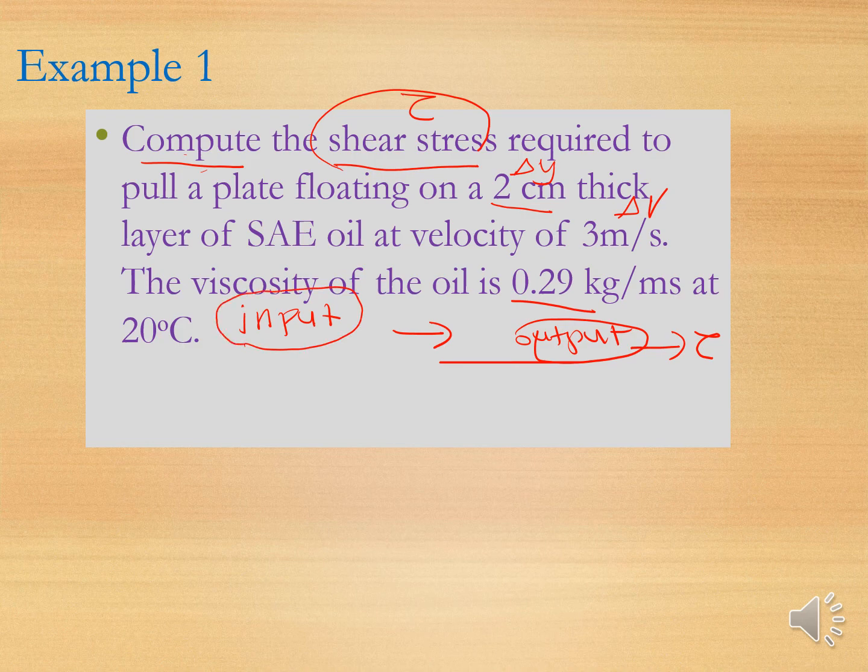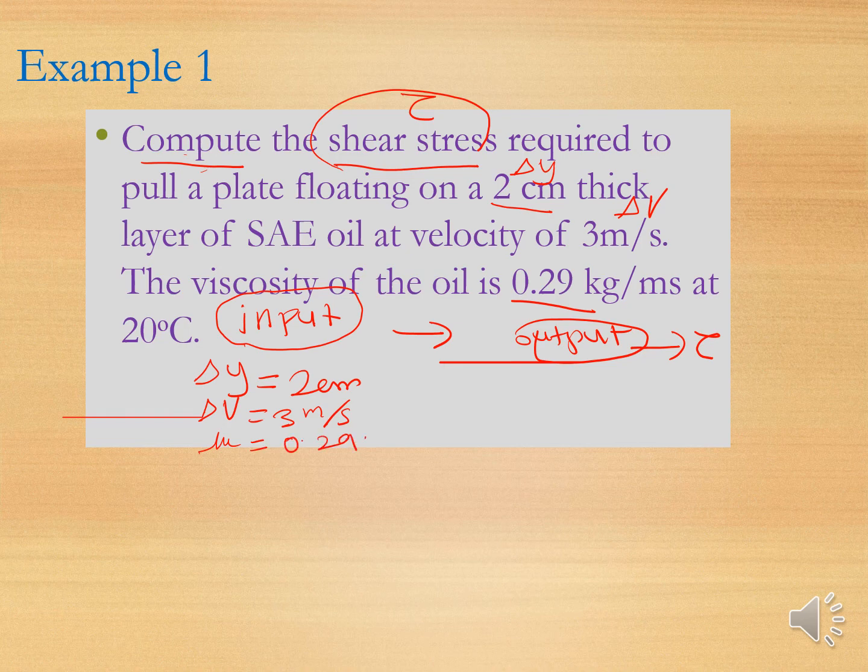The question gives you delta Y, which is 2 cm, the change in velocity, which is 3 meters per second, and the viscosity with the value of 0.29.